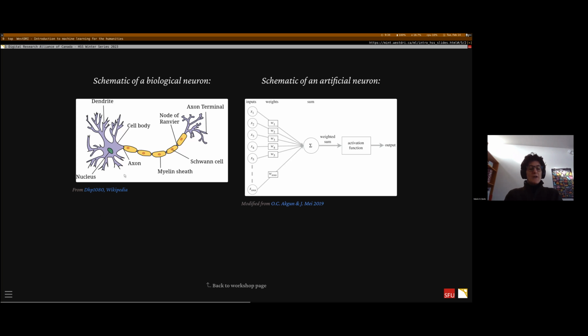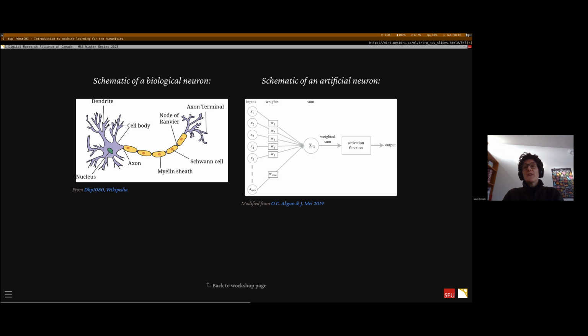So a biological neuron has some directionality to it. You have some dendrites that get some signals and pass them along an axon and then send them to another neuron. An artificial neuron has really a similar system. All these things are just numbers, really. You have some inputs. Your inputs are numbers. You have some weights, which are also numbers. Then you have some function here, which makes some very simple operation, such as a weighted sum, for instance.